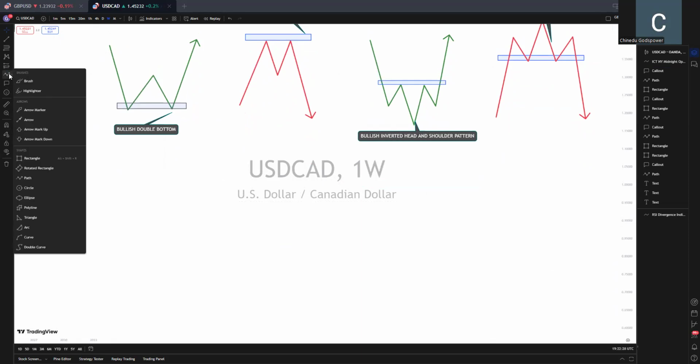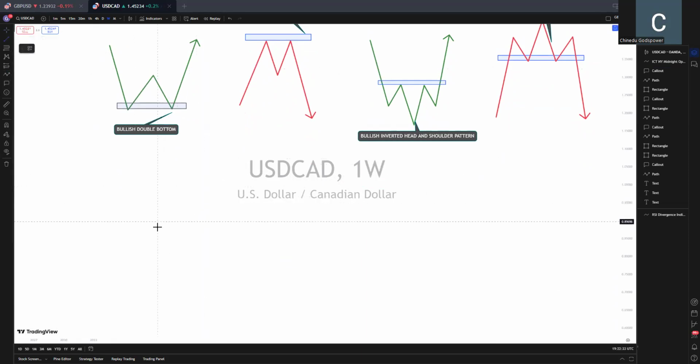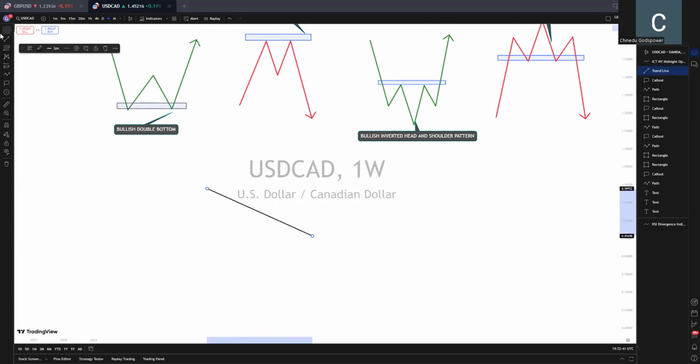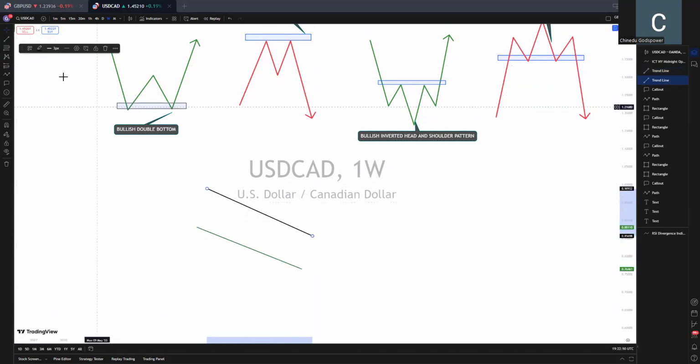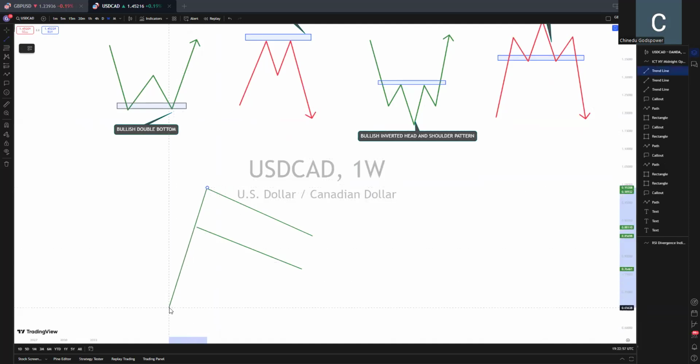Now let me draw this for us. This one will use a trend line. You have your trend line go across like this. Let's turn this green. Can you see it?